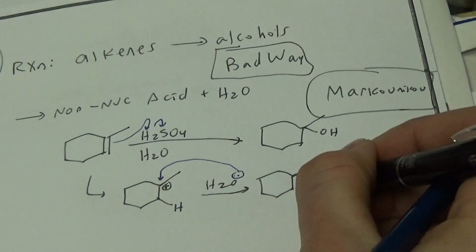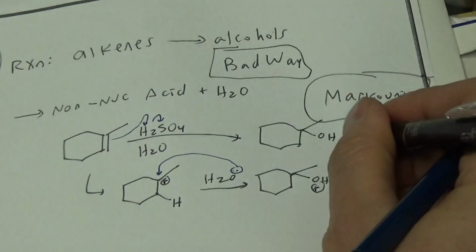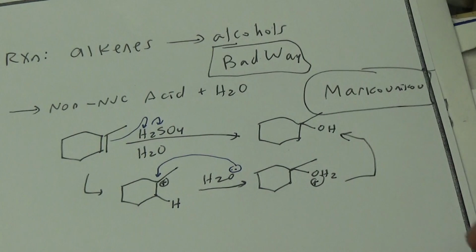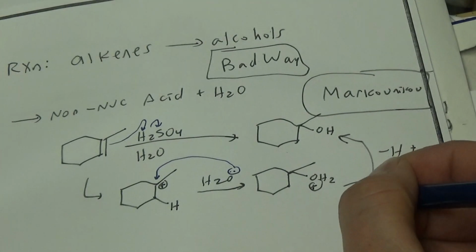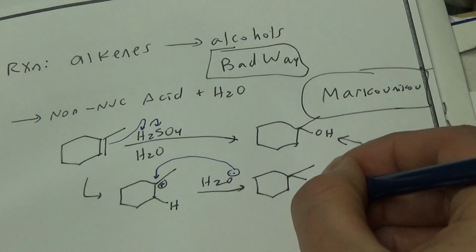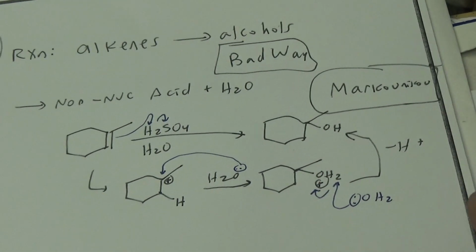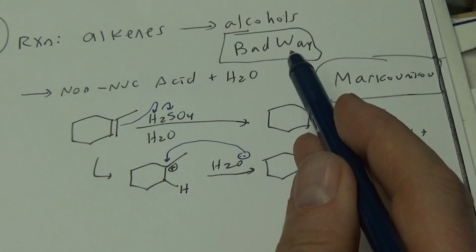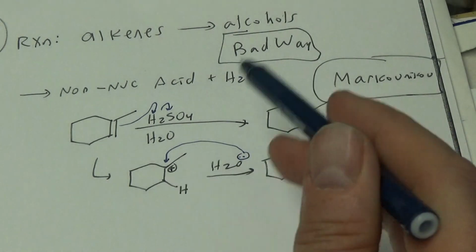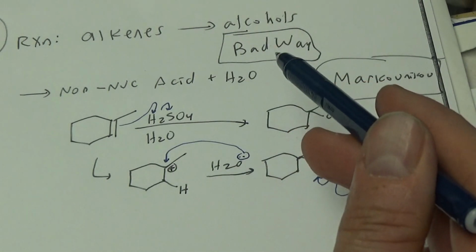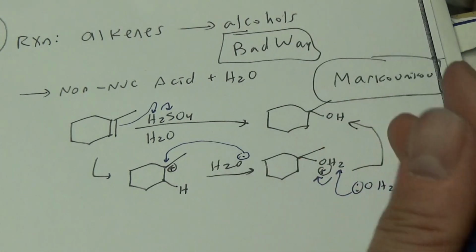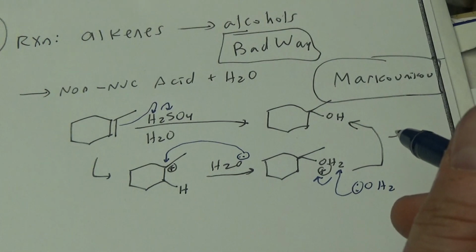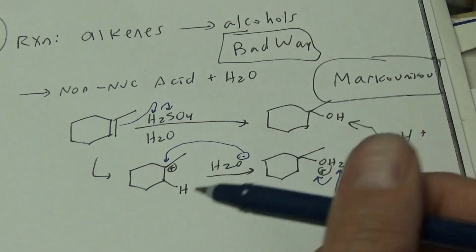OH2 plus. How do we get to the final product? We just lose a proton. So minus H plus, something takes it off, maybe another water, and that gives you the alcohol. Alright? Why are we calling this the bad way? Because through carbocations you can imagine carbocation rearrangements, right? So the good ways are going to avoid carbocation rearrangements. So we'll talk about the good ways in a second.